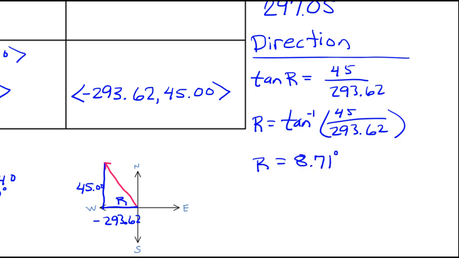Calculator. That is 8.71 degrees. Now normally I would find the direction by measuring the angle from the positive x-axis. How far is it from east going counterclockwise? And we call that theta.